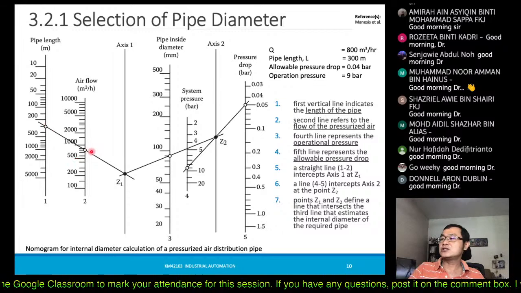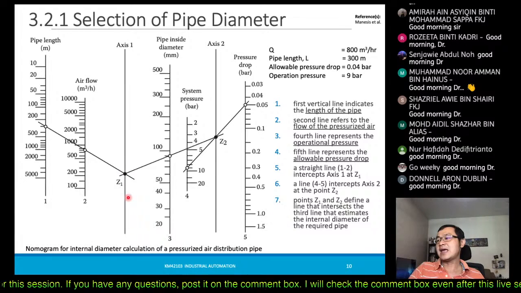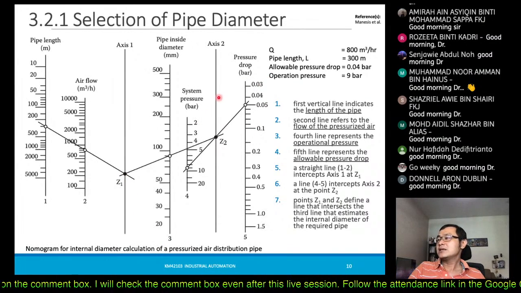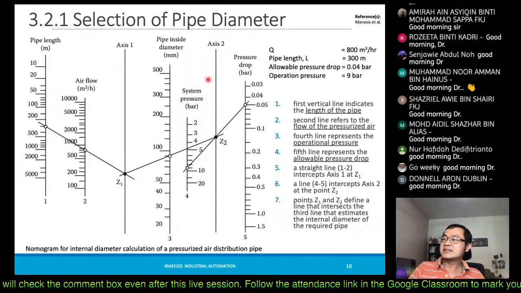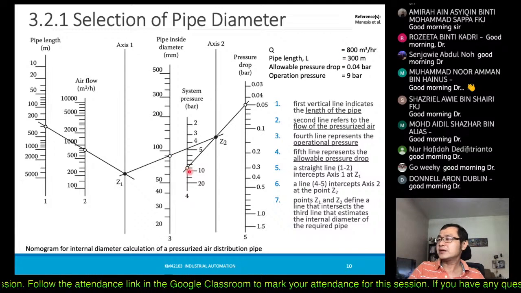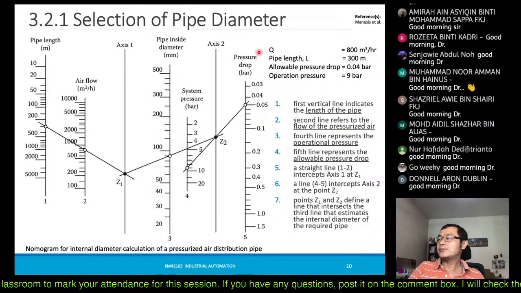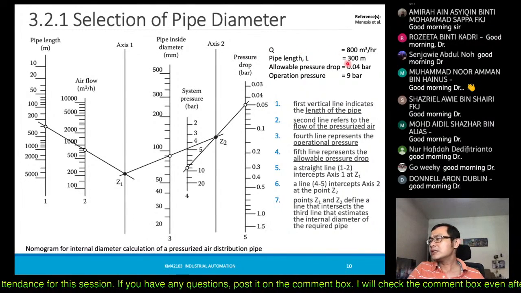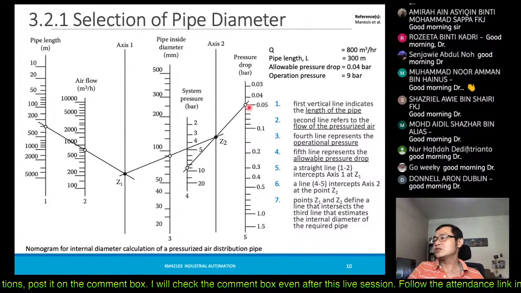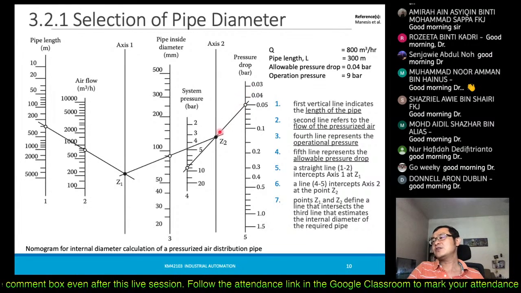We just take these two points and draw a straight line, and it will intersect with axis A. Then the second task: we have a desired system pressure, which is 9 bar, our operating pressure. Then another part is the allowable pressure drop, which would be 0.04. So this point should be up here. Then again connect them with a straight line.